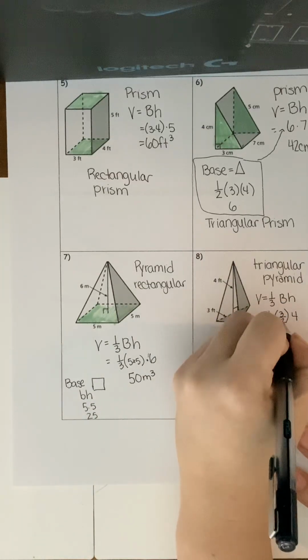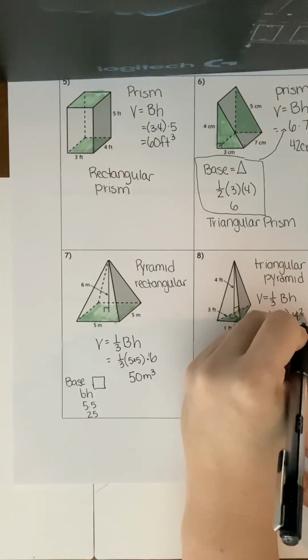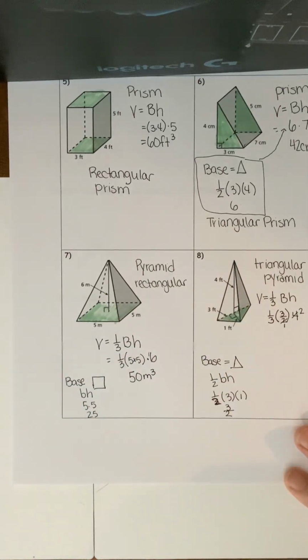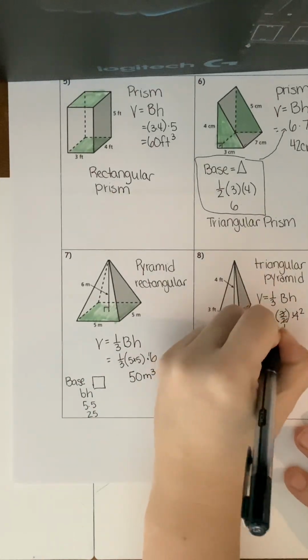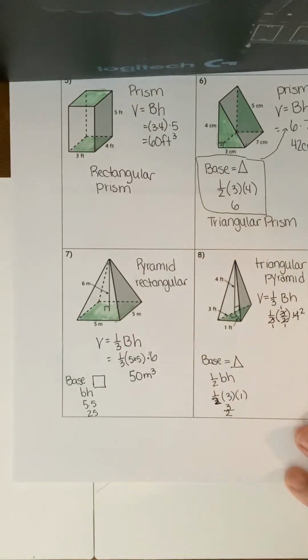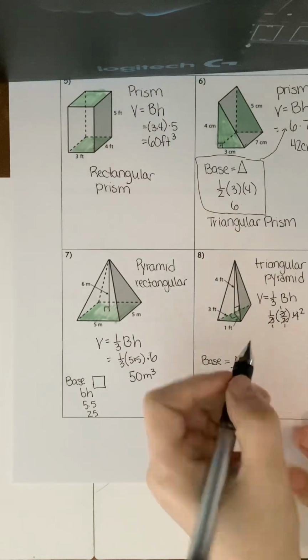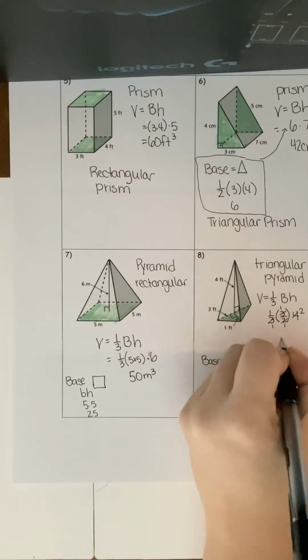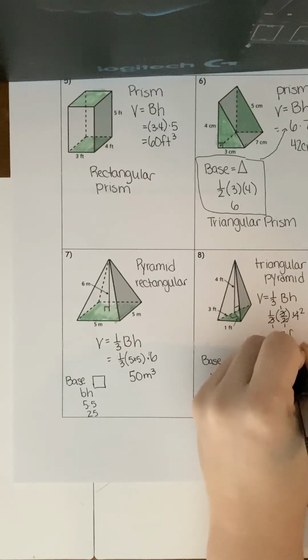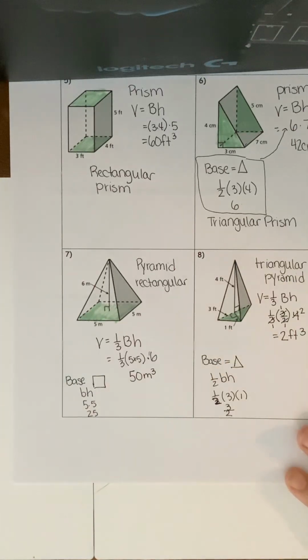I can take a 2, right, and put that, all right, and the 3's can go away because they're just 1 divided by 1. So we're just left with that 2 that's over there. So it's going to equal 2 feet cubed. All right, of course you could plug all those fractions into your calculator and multiply them and it'd still come out as 2 feet cubed. Do not forget your cube for volume.